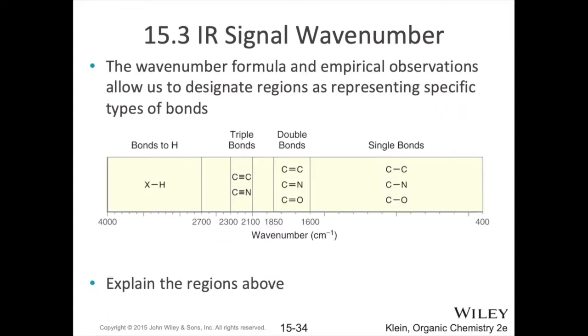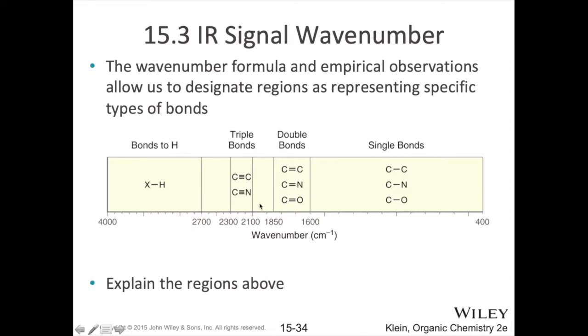So with that in mind, where do we see particular bonds? This is very important when you are looking at your spectrum and you see peaks in certain ranges, and you want to know what they correspond to. The general rule of thumb is, if you look towards the left of your spectrum, from 2700 wave numbers upwards, you're generally looking at things bonded to hydrogen.